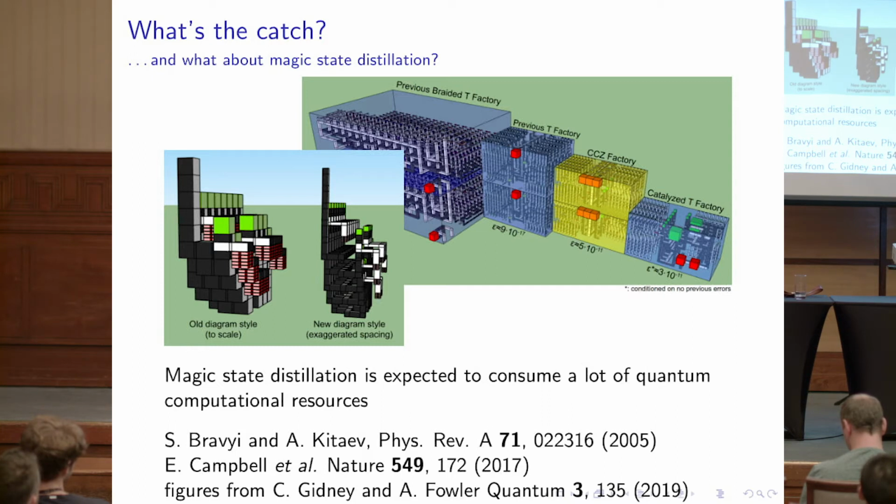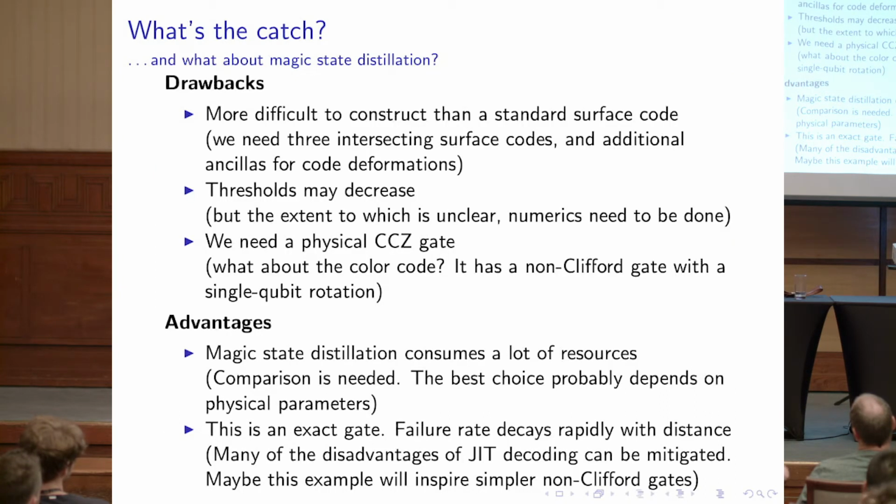I read that. But I like this picture from this Gidney and Fowler paper showing the magic state factory steadily getting smaller and smaller over time, just how much work people are doing to get these things smaller. People expect that this is going to cost a lot of the quantum computer. So what's the catch? Well, look, I don't think it's so bad.